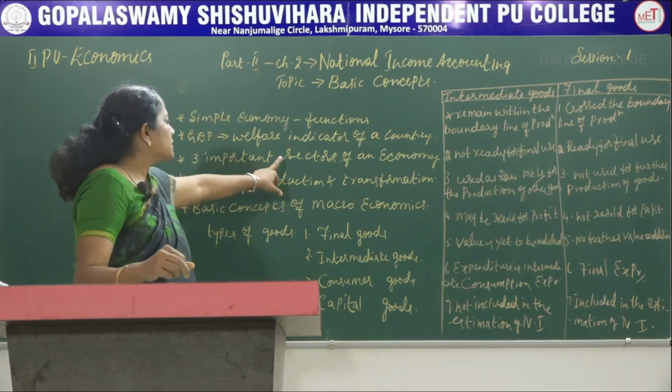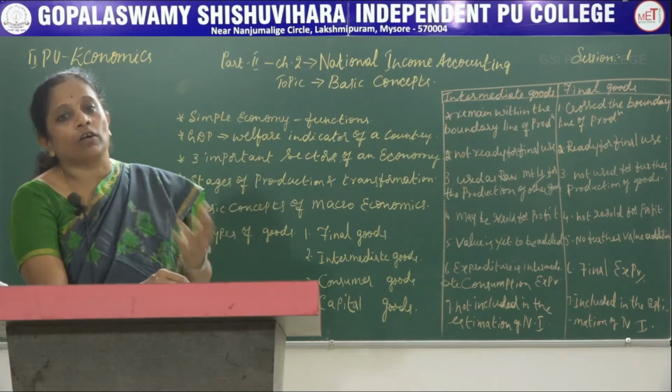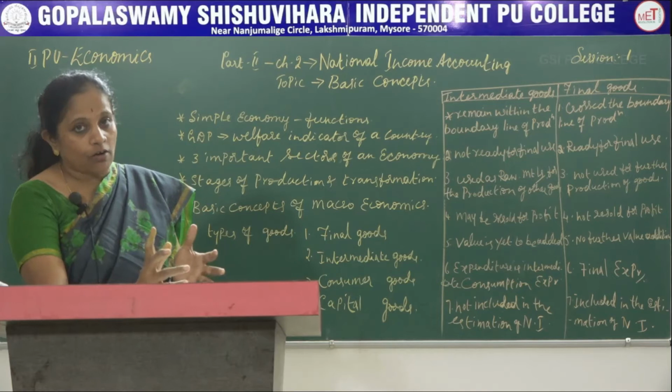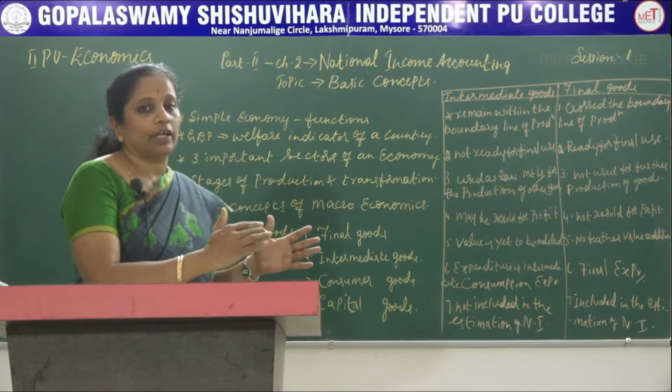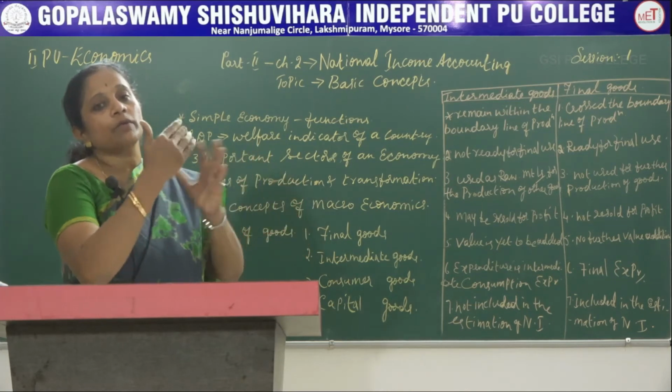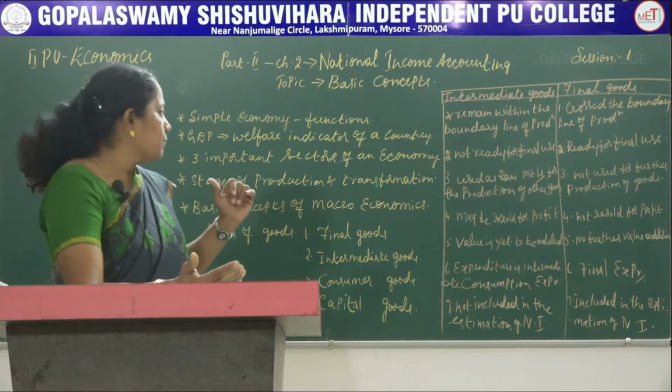So, the primary sector is one which cultivates cotton. Cotton is grown on farmlands, and this cotton is brought into the secondary sector where it is transformed into cloth with the help of machineries or equipment.